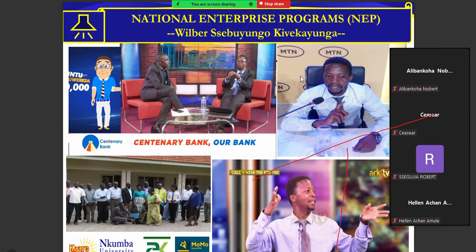teacher's service, so that we are able to say, yes, according to what we see in the family, this teacher has done his job. And sometimes we can even end up hearing in the family people giving a witness that if it wasn't for Mr. Robert Seguja or Madam Helen Achan, I wouldn't have reached this far.